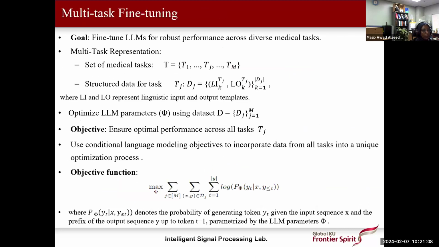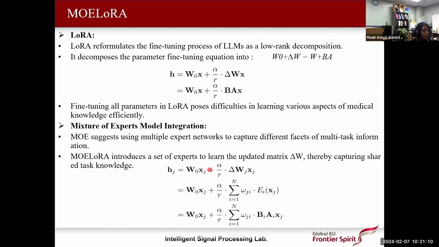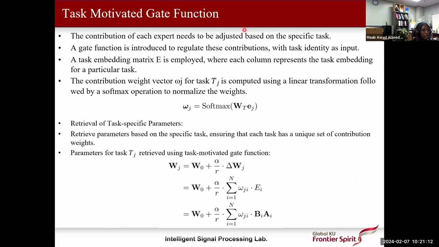So the gate function just has as input the task identity from the dataset. If it were a sample-motivated gate function, it could be more difficult to fine-tune because it would depend on each sample in the dataset.